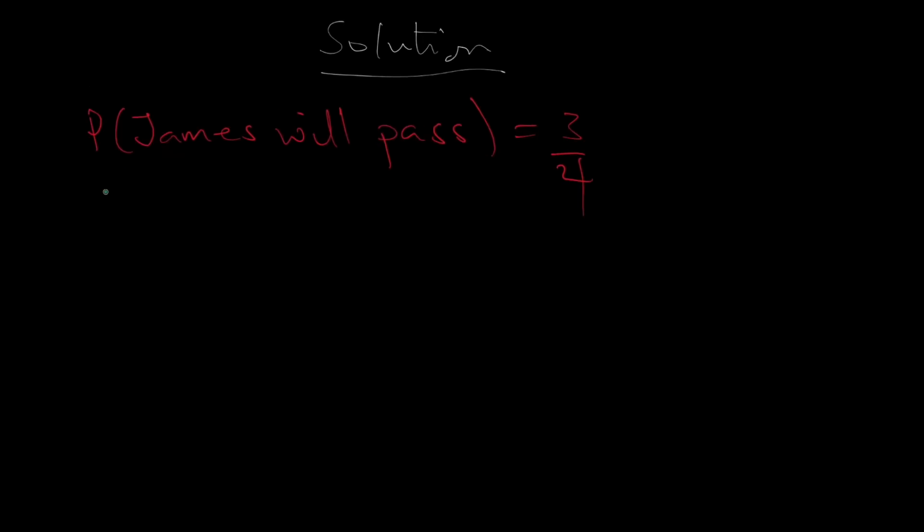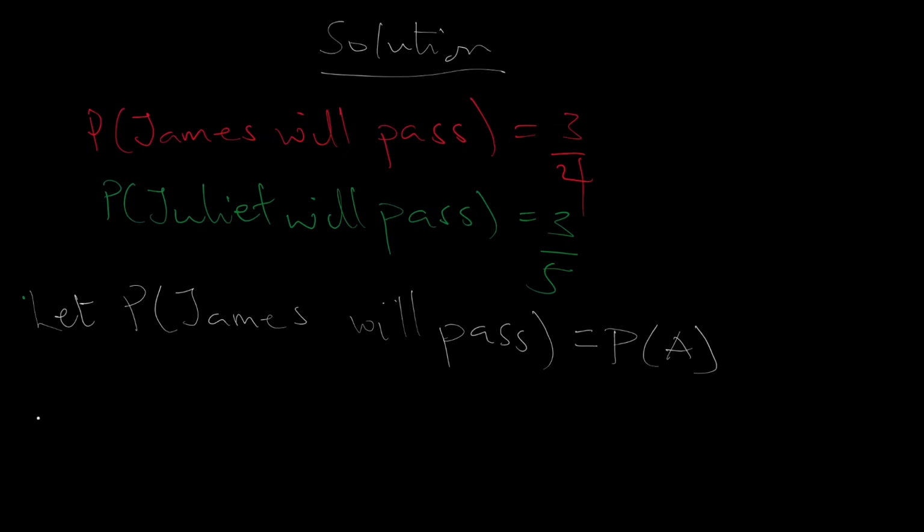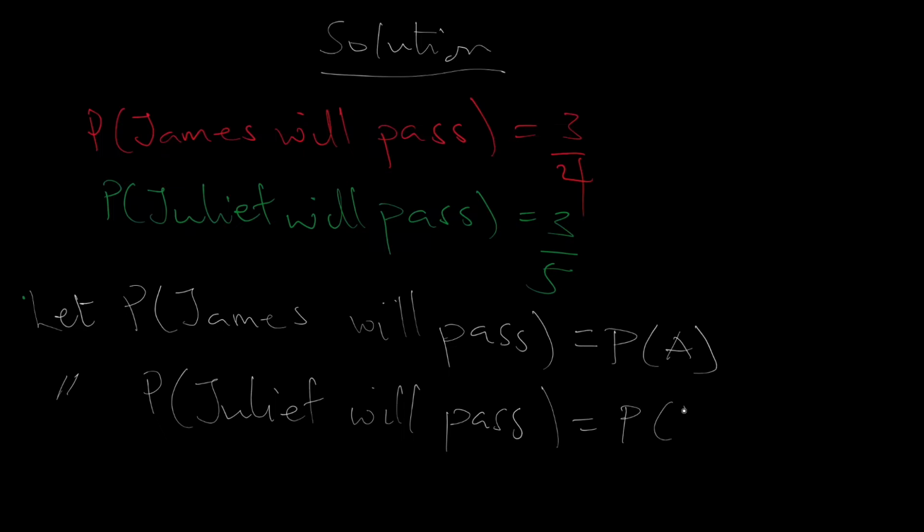So let the probability that James will pass be equal to P of A, and let the probability that Juliet will pass be equal to P of B.